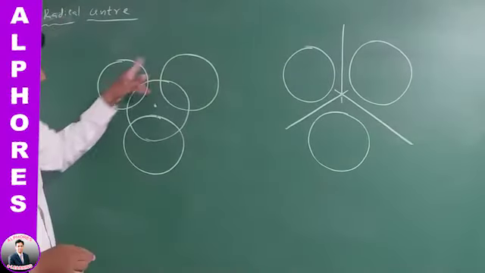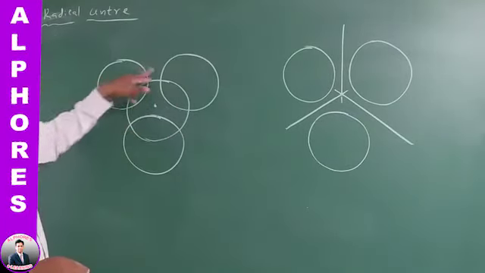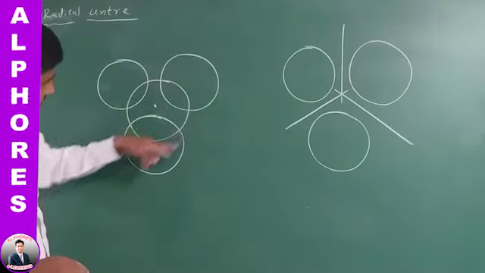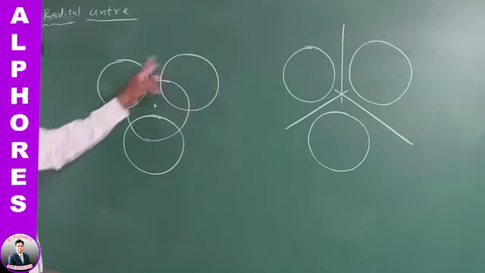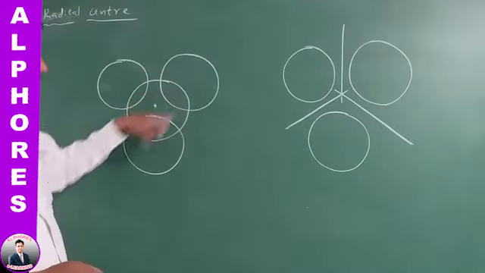Here these three are given circles. If a circle cuts these three circles orthogonally, then the center of this circle is the radical center of these three circles.